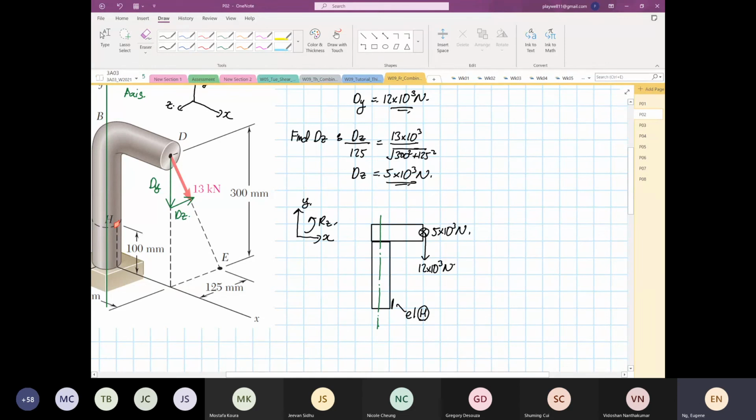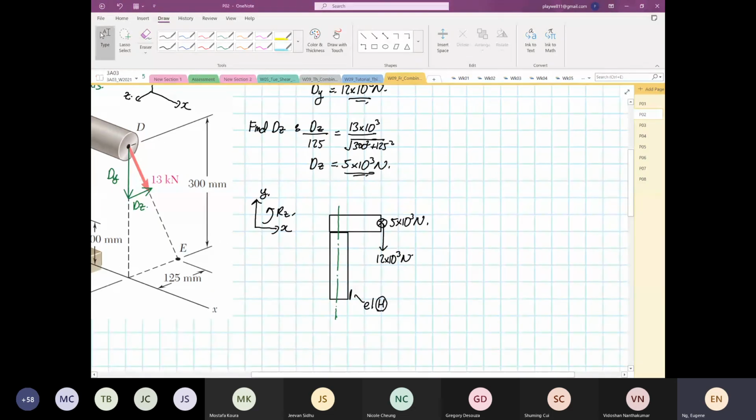So let's see what we have. Based on Newton's third law, the 12,000 has to be transmitted into here. Right, not Newton's third law. You just push the load onto the neutral axis.